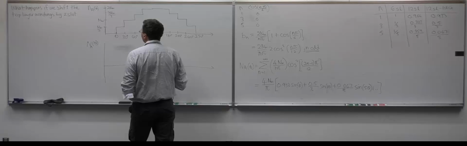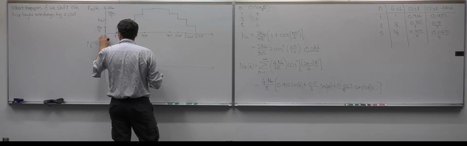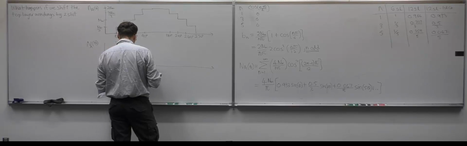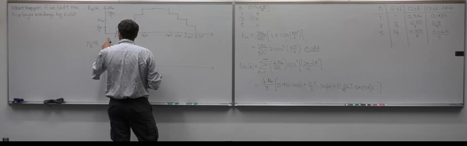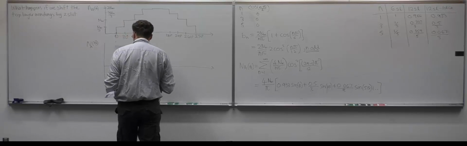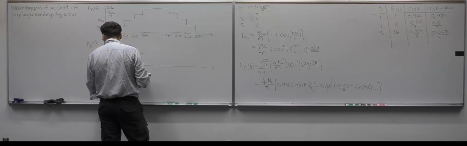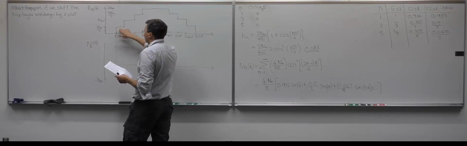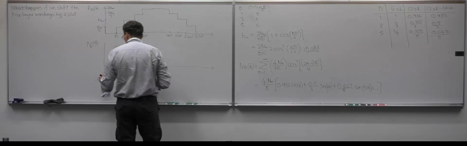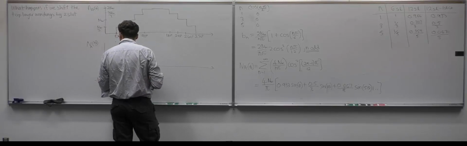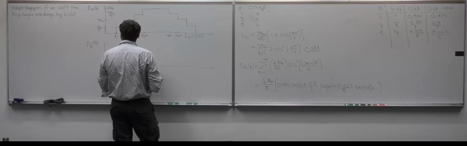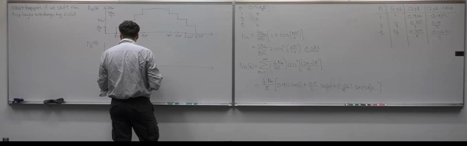So this will be over here before we get to 0. We have 0 minus NW gives us minus NW, and then here's NW over 2, so minus NW gives us minus NW over 2. So we're here, and then at 30 degrees we go to 0.